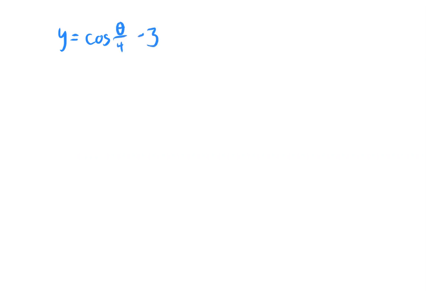And then for the graph, we're gonna do another 5-point graph here. So I'm just gonna go 1, 2, 3, 4. This is my y-axis, this is my theta axis. So the amplitude is the absolute value of 1, which just equals 1.